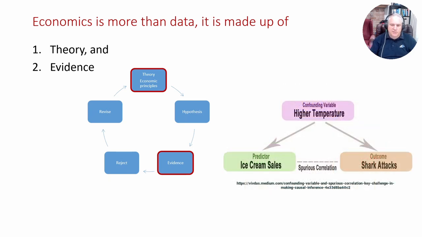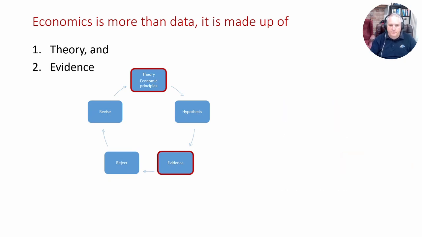And we're going to see this in our study of demand and supply a lot, because these third-party pieces, these confounders, are the very foundation of how we use demand and supply to analyze and determine prices and output. So you're going to see that, and you're going to see a good bit.